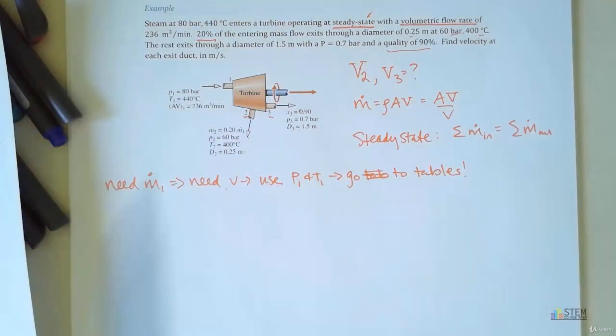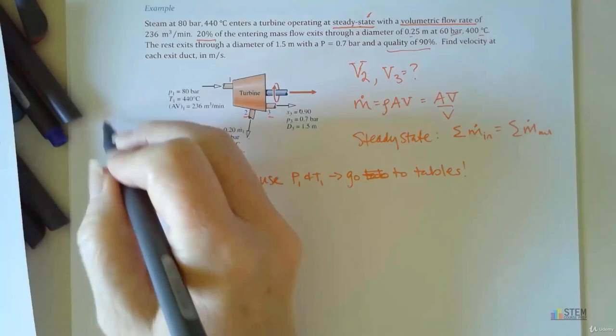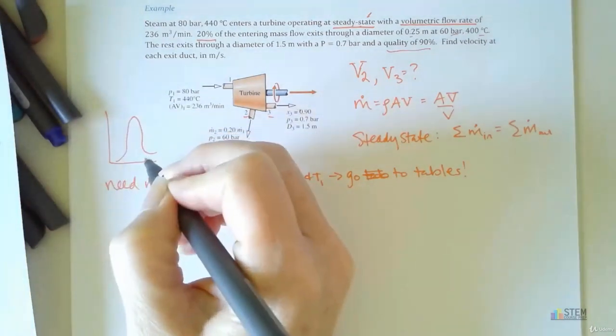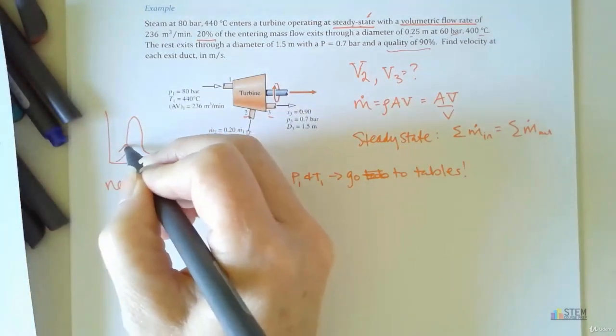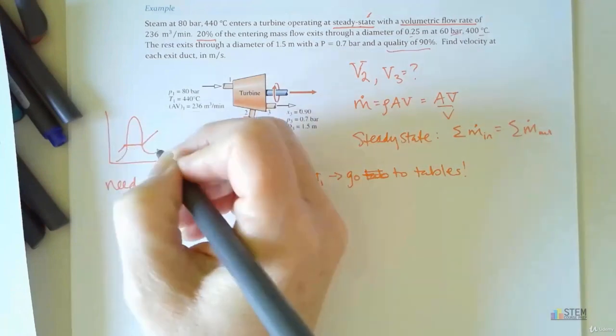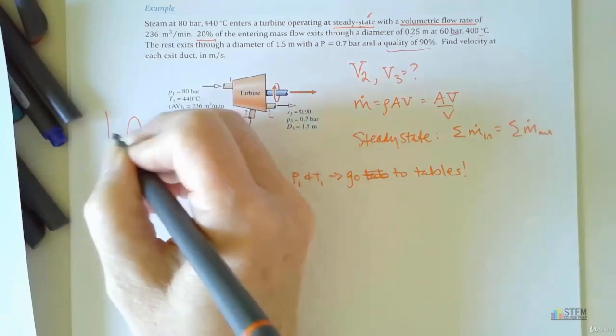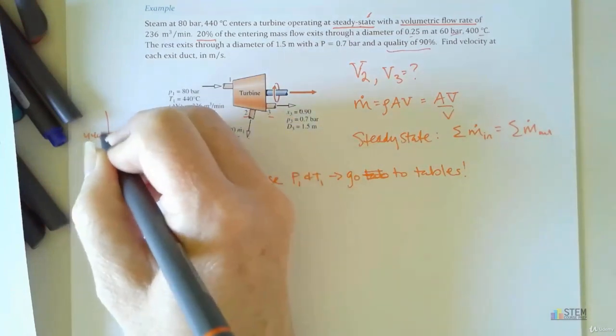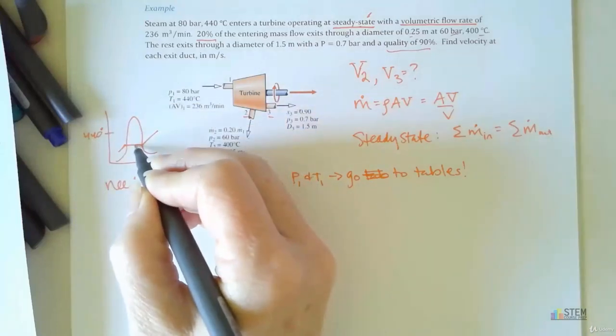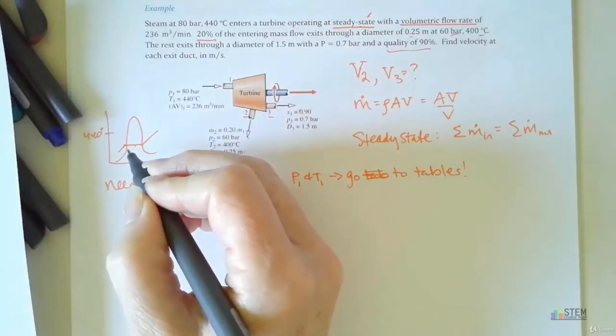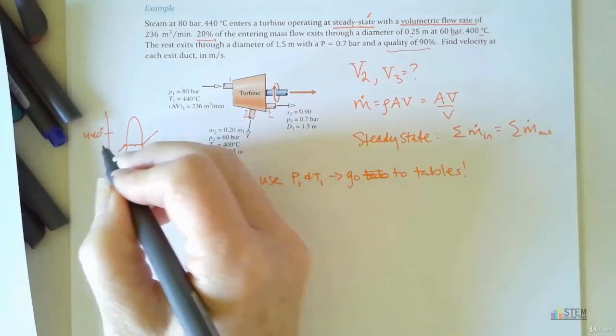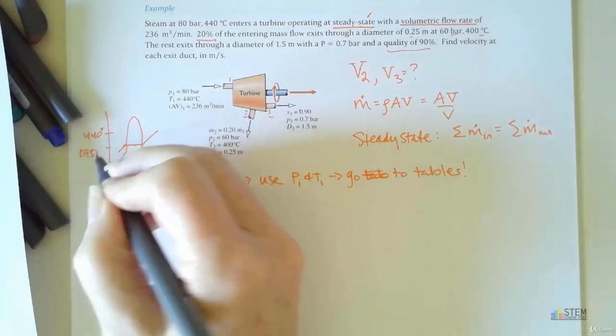We are at 440. So remember, if we were to draw that, that's a terrible vapor dome, but anyways. We've got our temperature up here at 440. So this was the saturation temperature, 295.1.